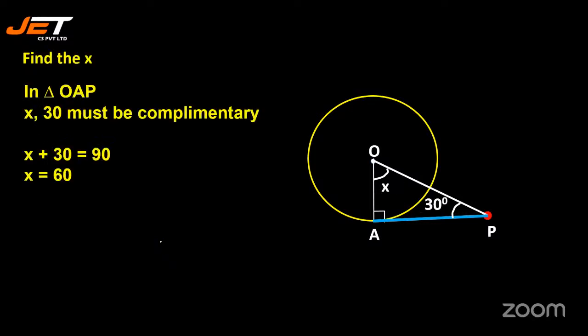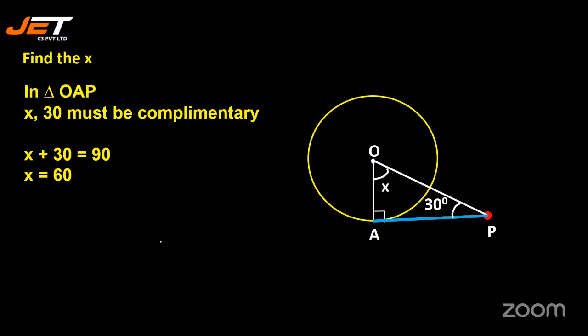Right. So let me again explain you here. In triangle OAP, x and 30 must be complementary.